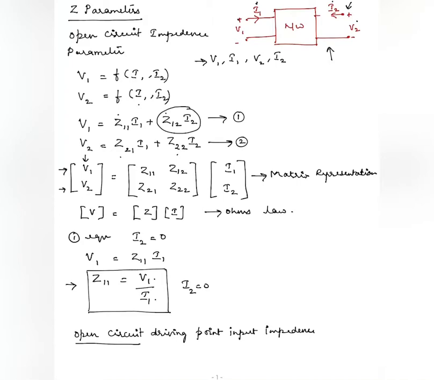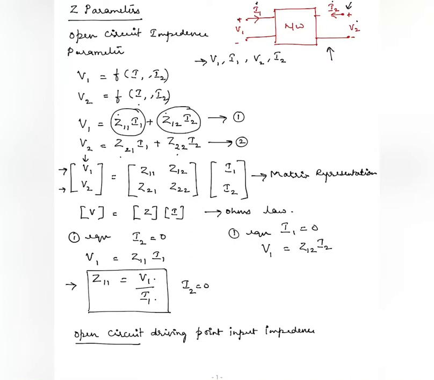Now the second parameter, how will we get? See, we have set I2 equal to 0. Now set I1 equal to 0 in the first equation. In the first equation, if I1 becomes 0, this term as a whole will become 0. So what you get is V1 is equal to Z12 I2, correct?